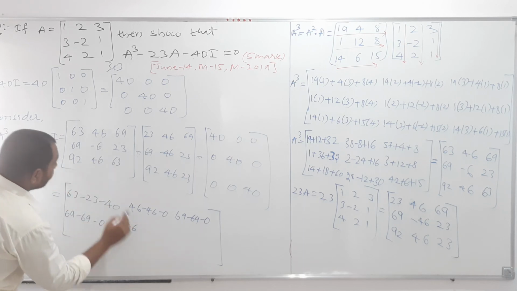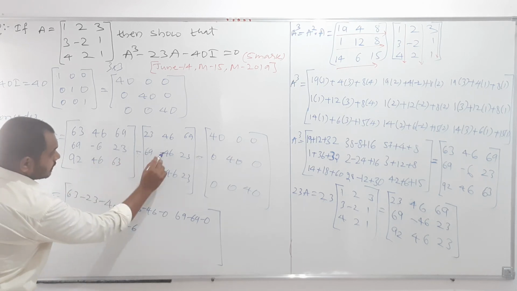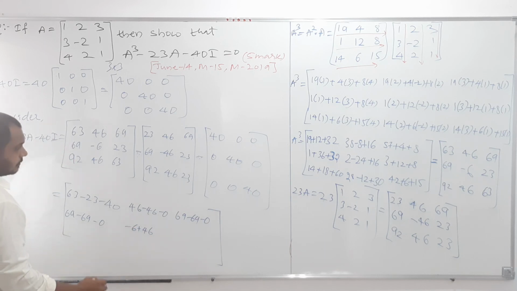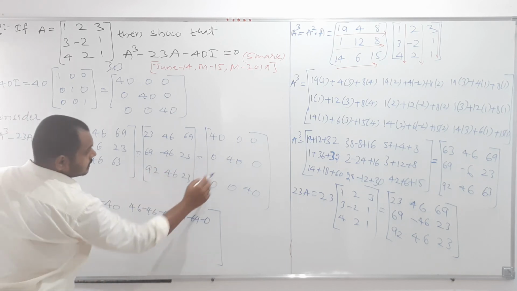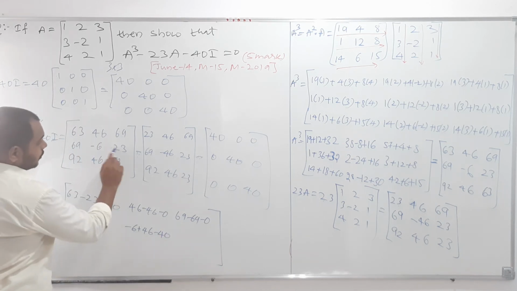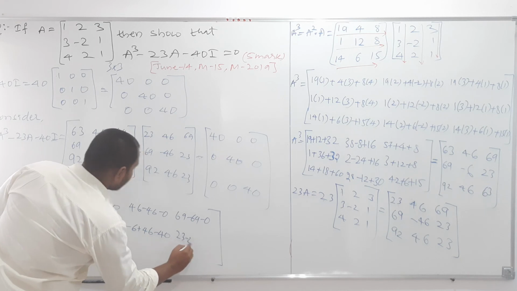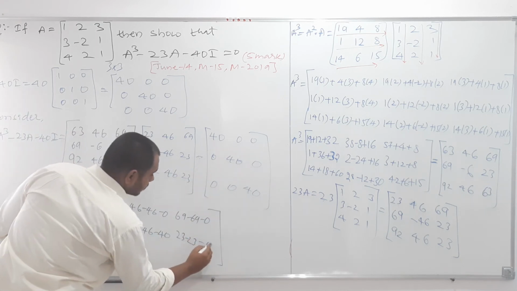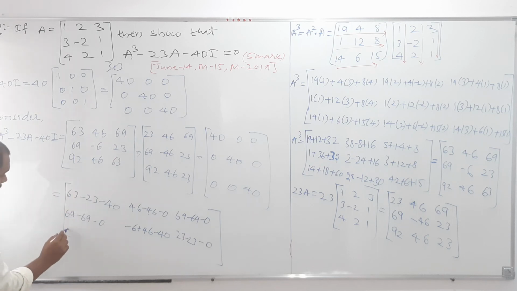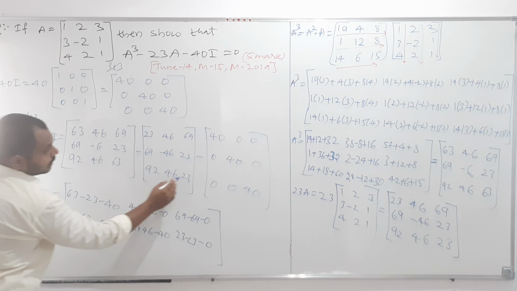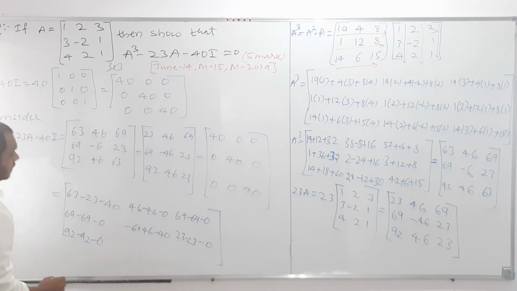Next, minus 6 plus 46 minus 40. Next, my dear students, 23 minus 23 minus 0. Next, 92 minus 92 minus 0.